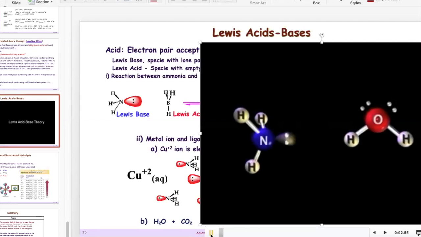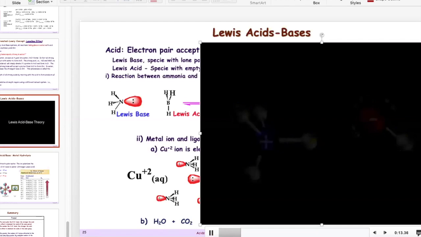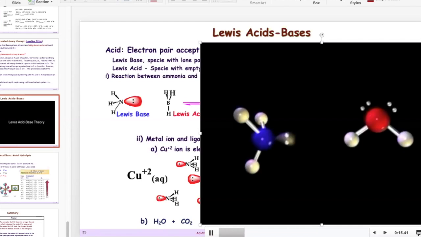Ammonia is a base in the Bronsted sense because it acts as a proton acceptor. For example, it accepts a proton from a water molecule to form the ammonium ion and hydroxide ion. In the Lewis acid-base theory, the emphasis is on the electron pair. Ammonia is a base because it acts as an electron pair donor toward the proton.